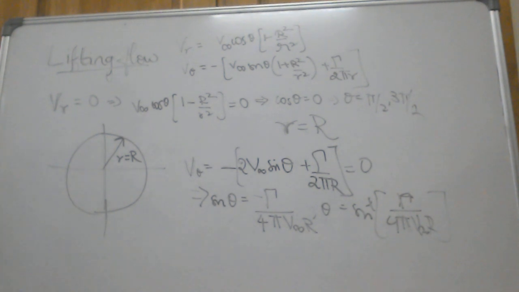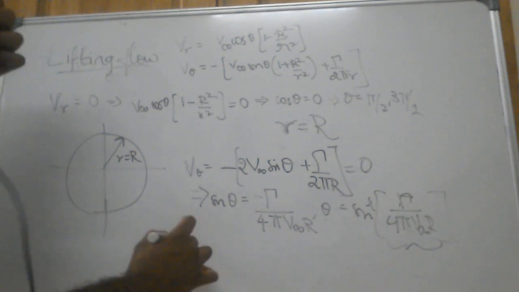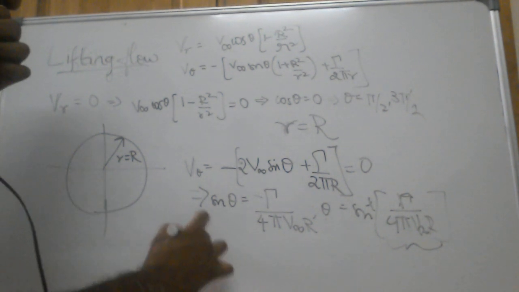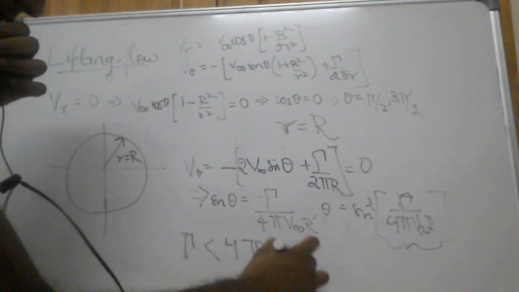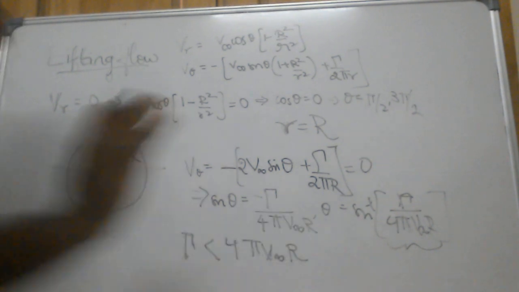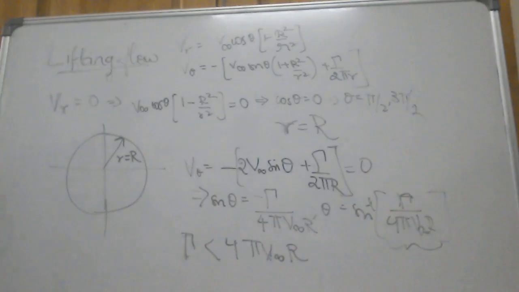First of all, this quantity should be less than 1. Gamma by 4 pi V infinity R has to be less than 1, without which a sine inverse operator will make no sense. So first of all, gamma should be less than 4 pi V infinity R for this equation to make sense.